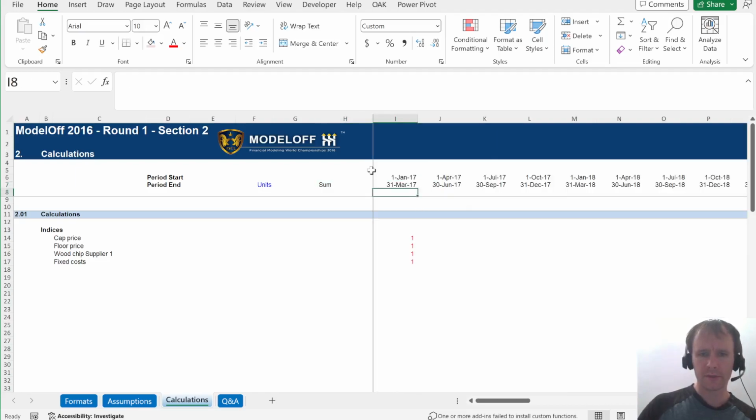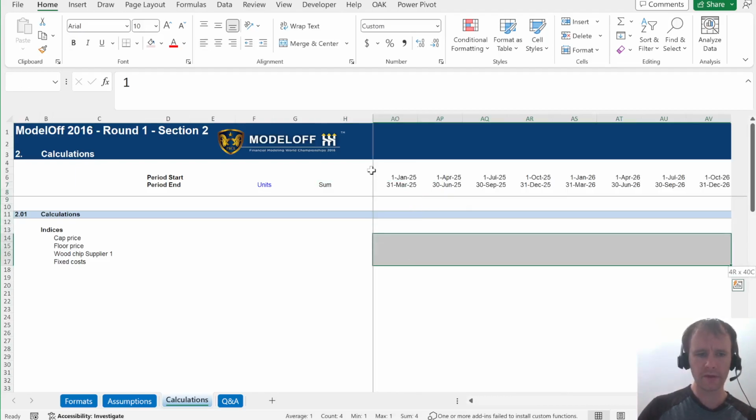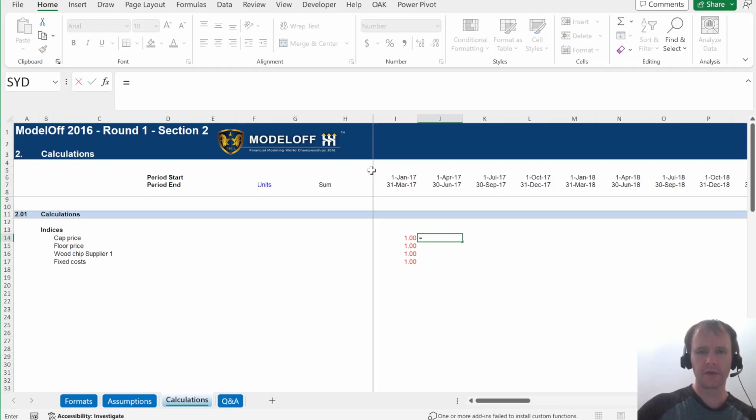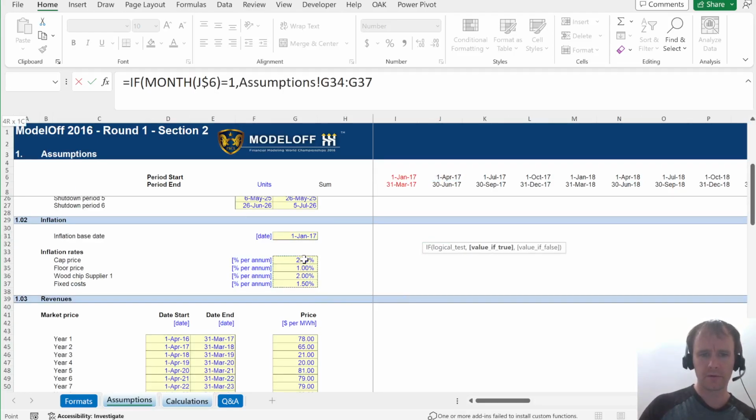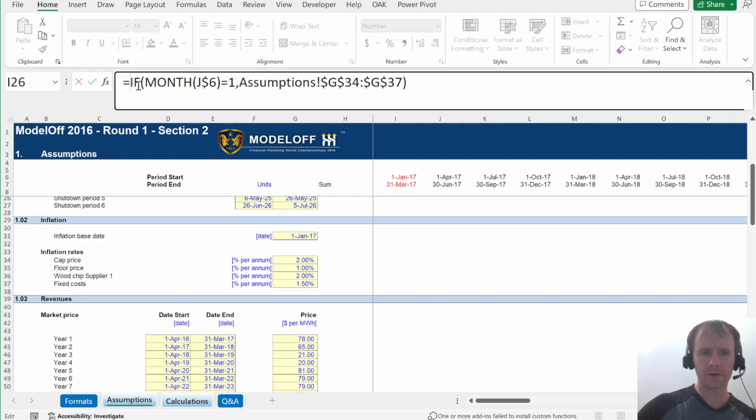hide those extra columns. And then we'll say if month of this equals 1, then we get our rates block, and then it's going to be 1 plus all that.